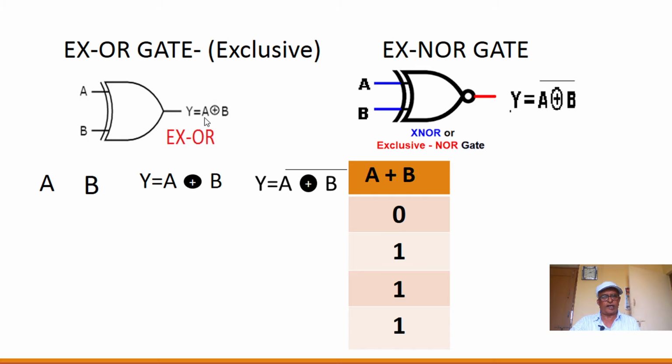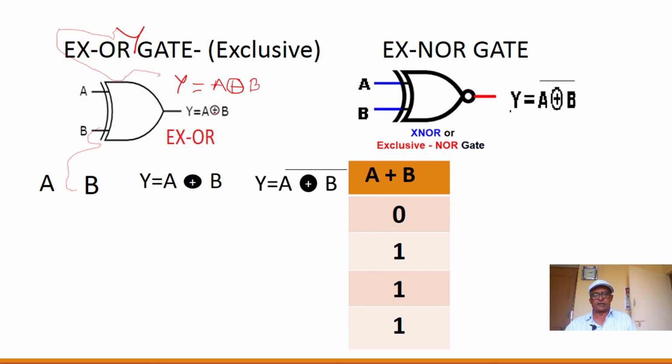So what is the output for the XOR gate? Y is equal to A XOR B. So the symbol is A, then inside the circle it is a plus. If we consider only the OR gate, then in this case Y is equal to A or B. Now here one term is excluded, hence that is represented by a circle.